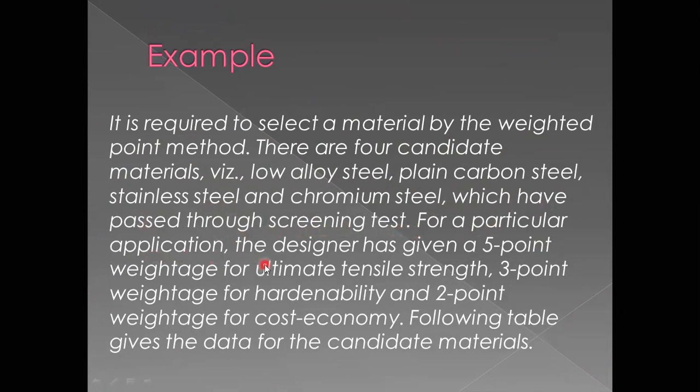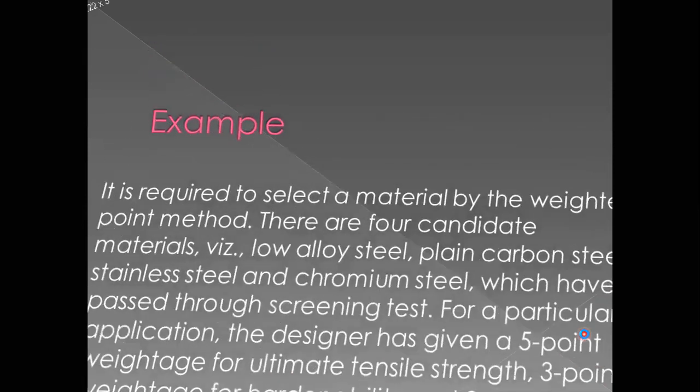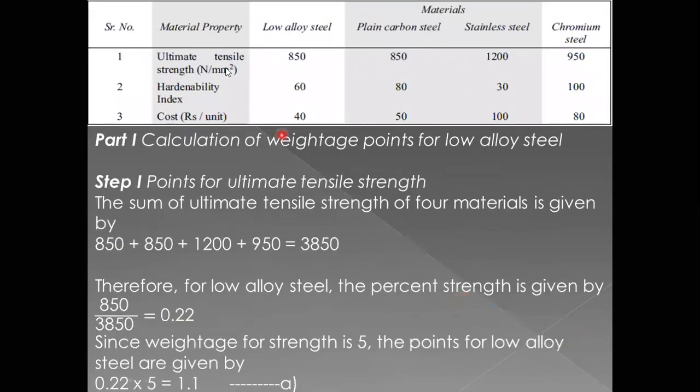For a particular application, the designer has given 5-point weightage for ultimate tensile strength, 3-point weightage for hardenability, and 2-point weightage for cost economy. Following table gives the data for the candidate materials. In this table, the values of material properties are given for the selected materials.